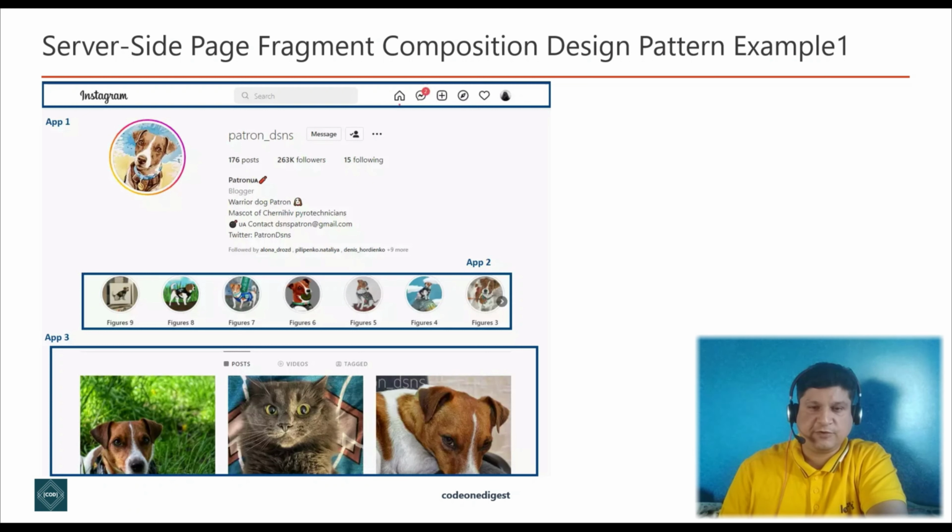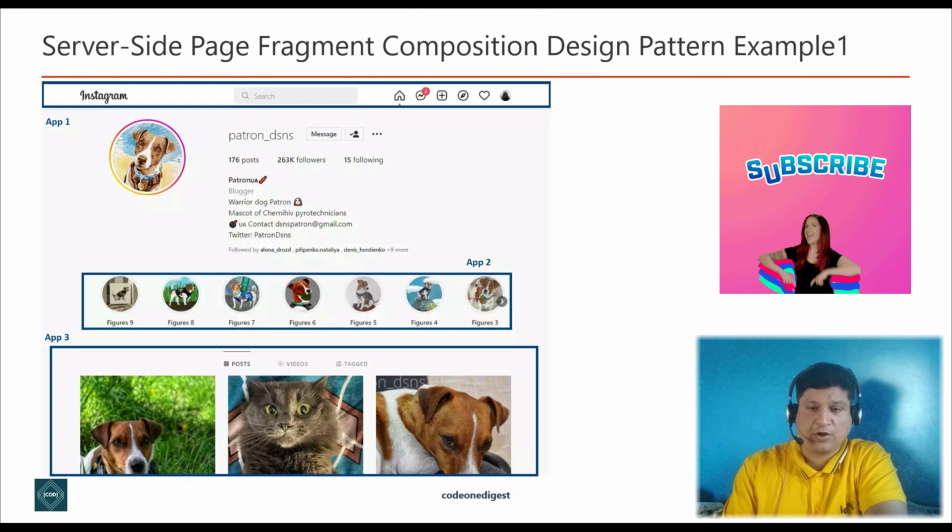Okay, friends, now let's look at the example of the Instagram web page to understand this pattern. Let's take an example of the profile page. We see so many different pieces of information on this profile page, like navigation, header, footer, saved stories, and posts. The Instagram page is built using separate fragments like navigation bar, header, footer, etc. Generally, things like header and footer are typical targets for micro frontends.